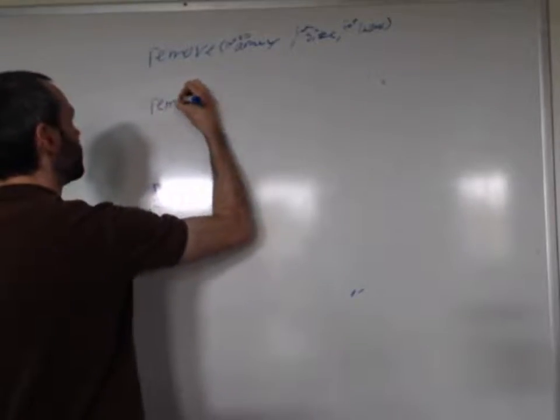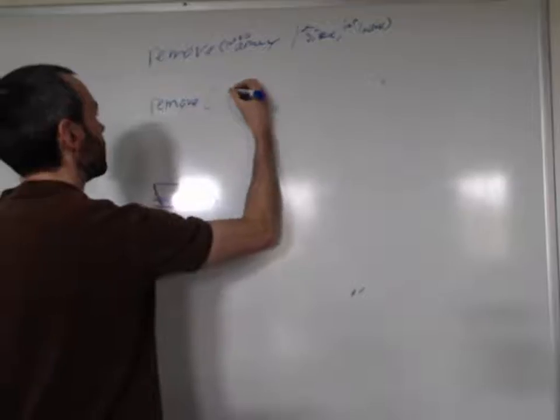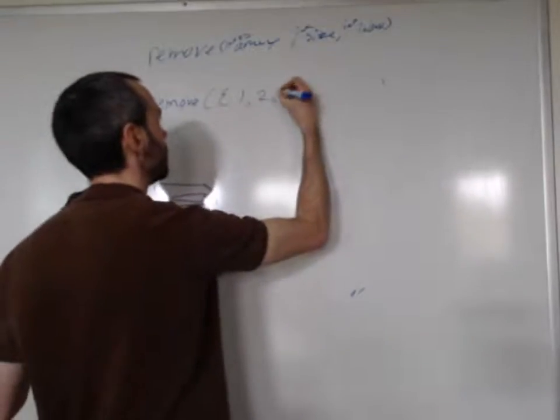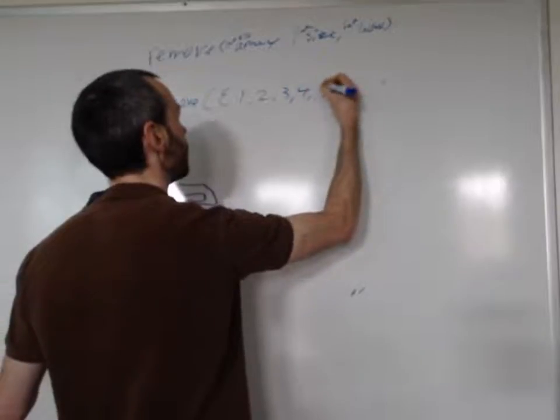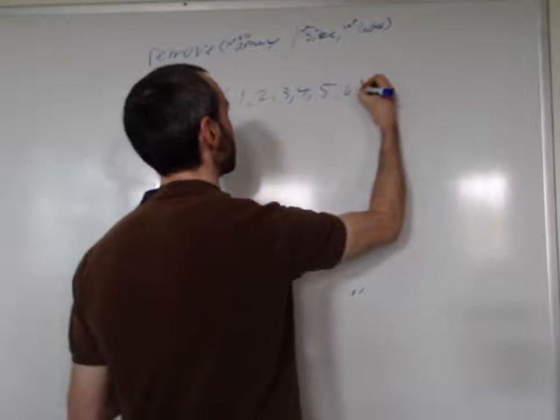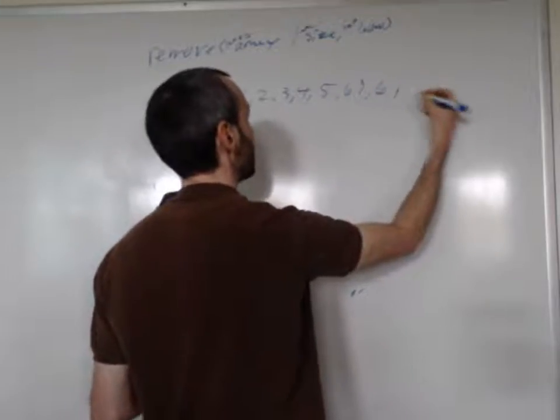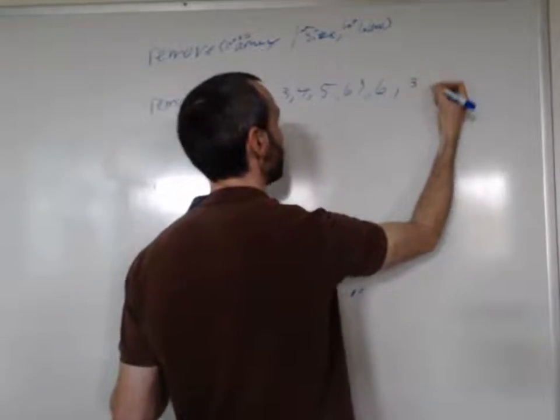So, if we were going to remove, and we'll say it's 1, 2, 3, 4, 5, 6. The size of this is 6, and we want to remove at index 3.